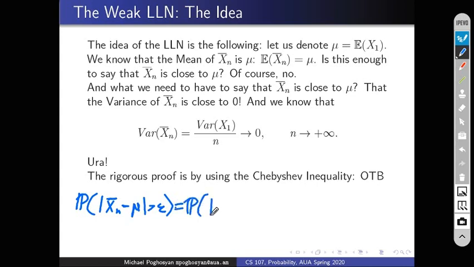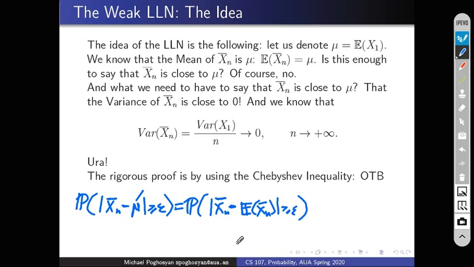First I'm writing this as Xn bar minus, well, mu is also the expected value of Xn bar. So I need to have the same random variable expectation here to use the Chebyshev inequality. Xn bar minus its expectation is larger than or equal to epsilon. So this is what we want to estimate.